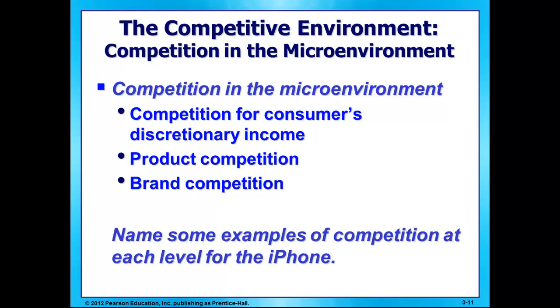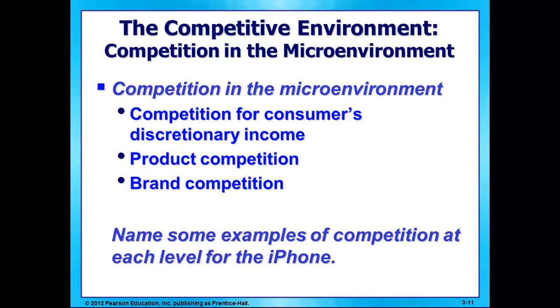There are 3 levels of competition that must be analyzed. At the most basic level is brand competition. Brand competition is between companies that solve the customer's need through similar products and services.